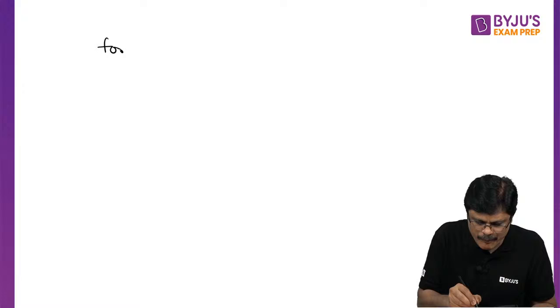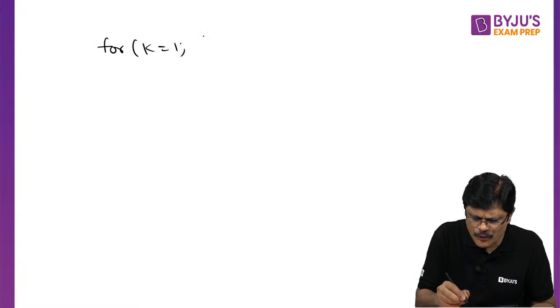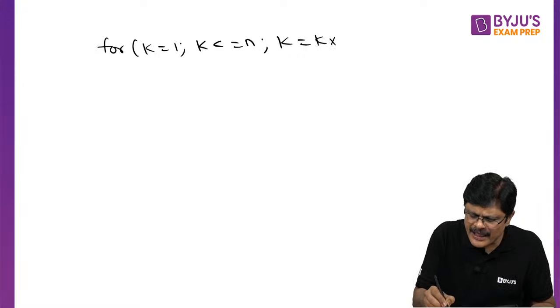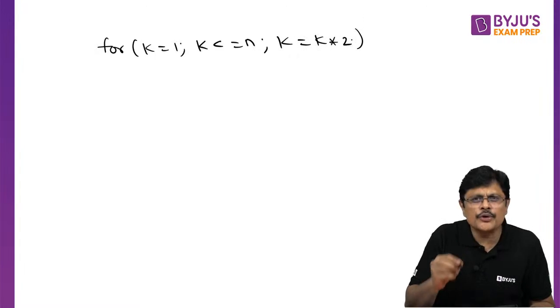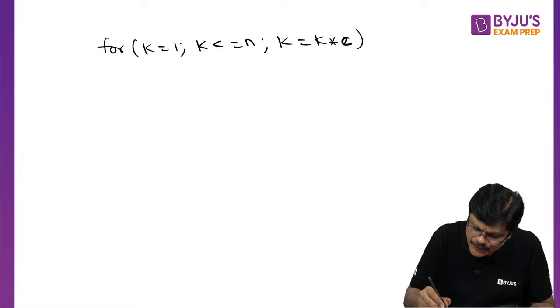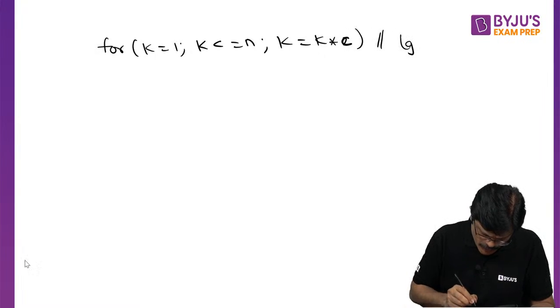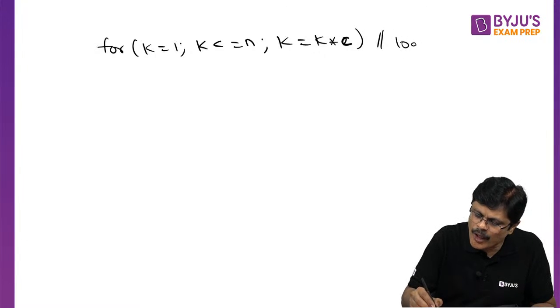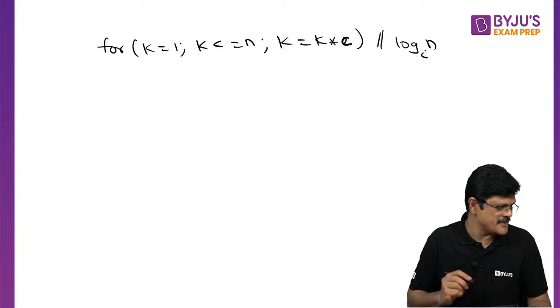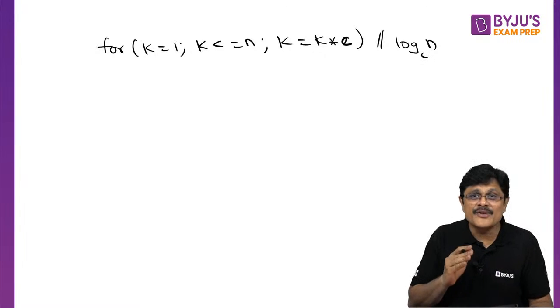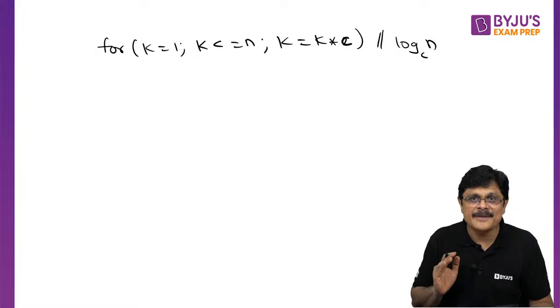See, my dear friend Mandal, k is equal to 1, k less than or equal to n, k is equal to k into c, ये 2 होने दो, 3 होने दो, कोई भी c होने दो. This will iterate log n to the base c times.